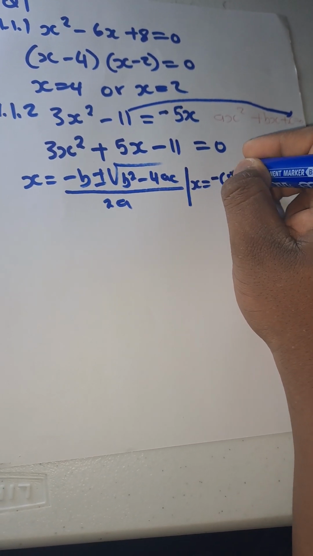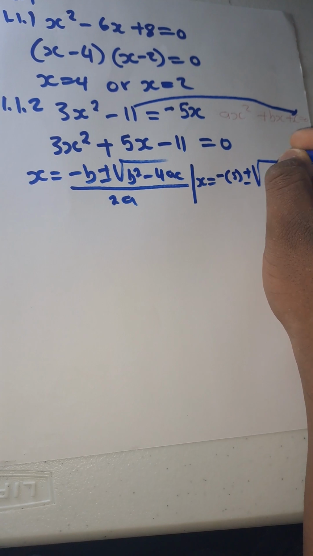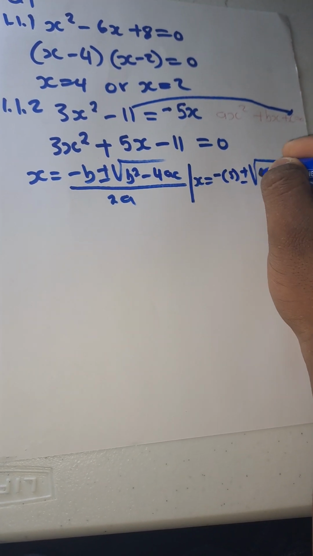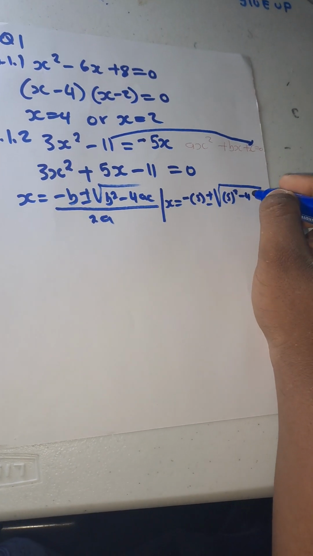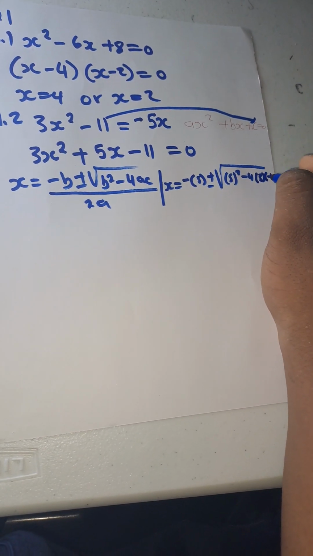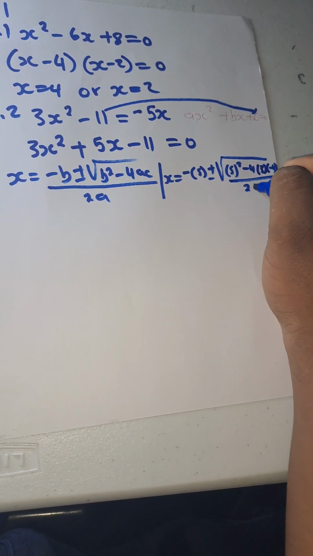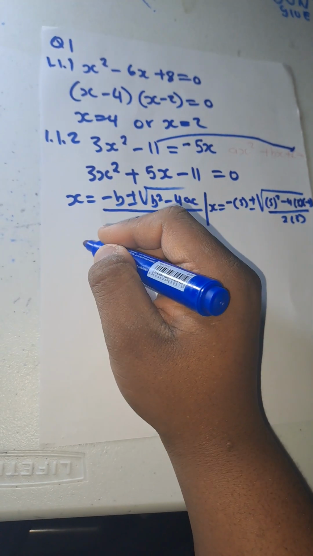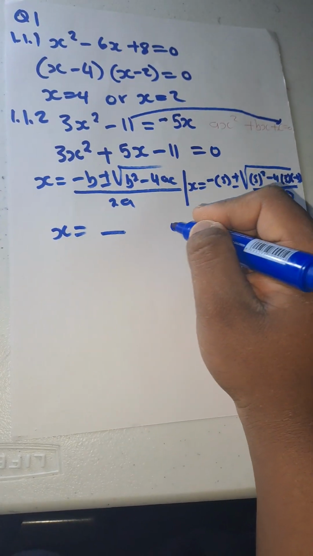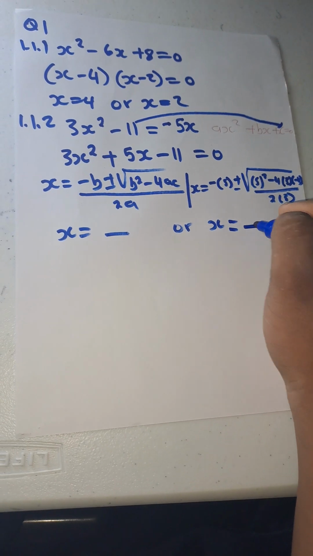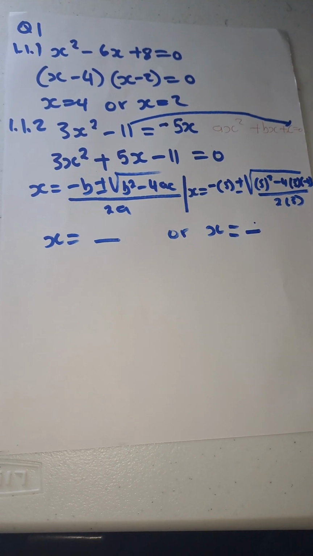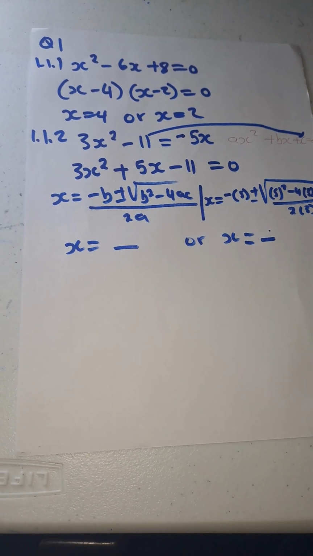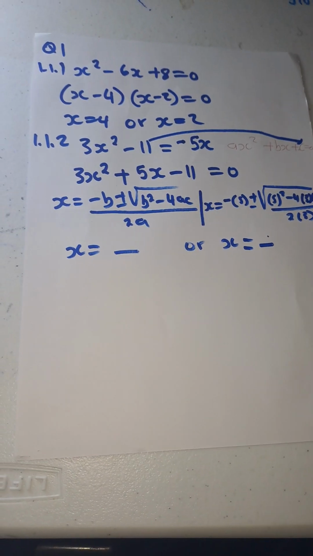Minus 5 plus or minus the square root of 5 squared minus 4 times 3 times minus 11, over 2 times 3. Then you're going to find your x values. You're just going to punch it in a calculator and get your 4 marks.